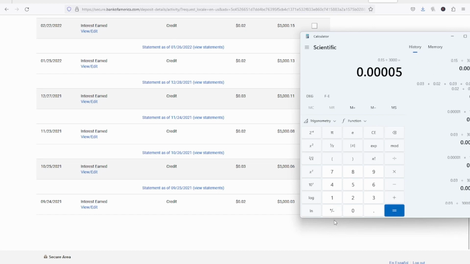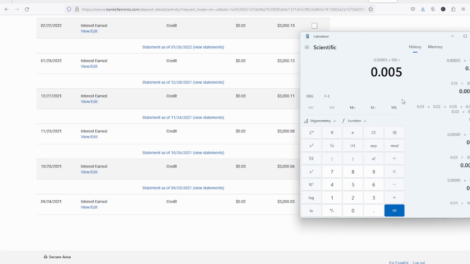0.0005. All right, to get the percent, I'm going to multiply by 100. And that is what we have, 0.005%. And we said if we round this up, then this would be 0.01%.